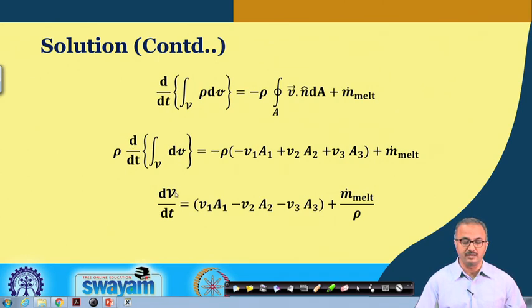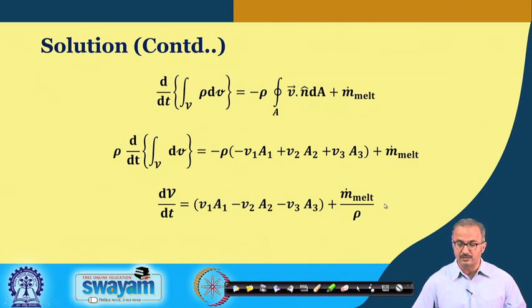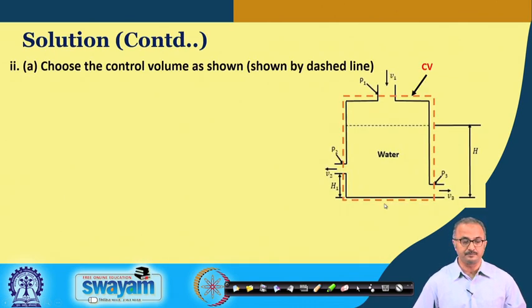So, this is giving us the total volume of the system, and this is giving all these terms for each of these flux terms, and this is the melt, and then after rearrangement we arrive at this particular equation to find out how the volume would change because of the inflow and outflow and due to the melting of the ice.